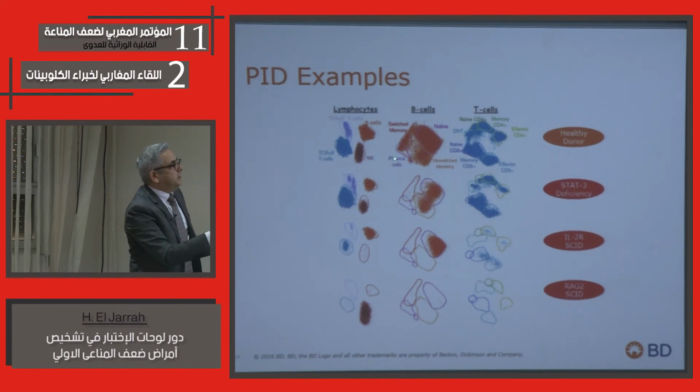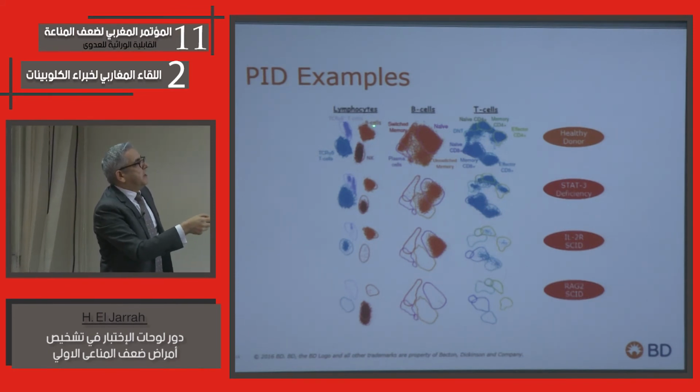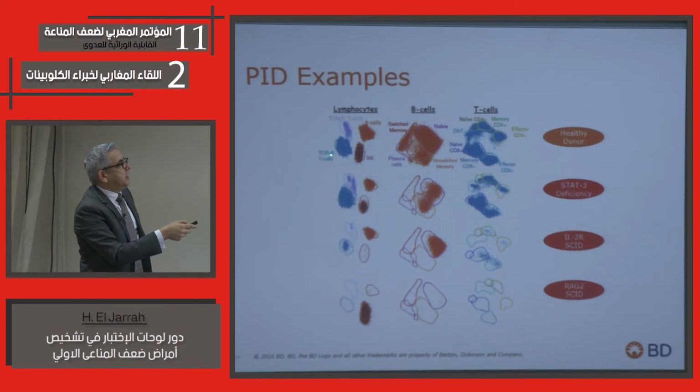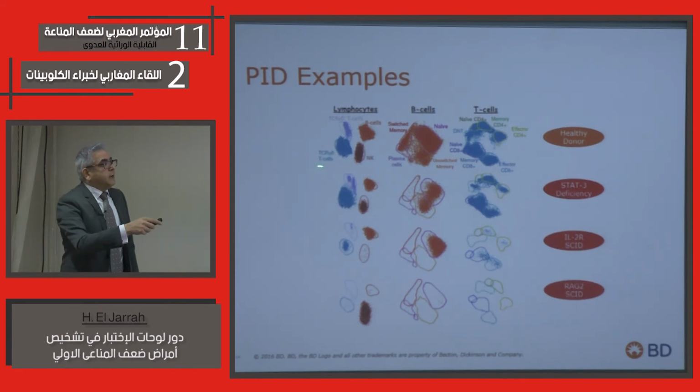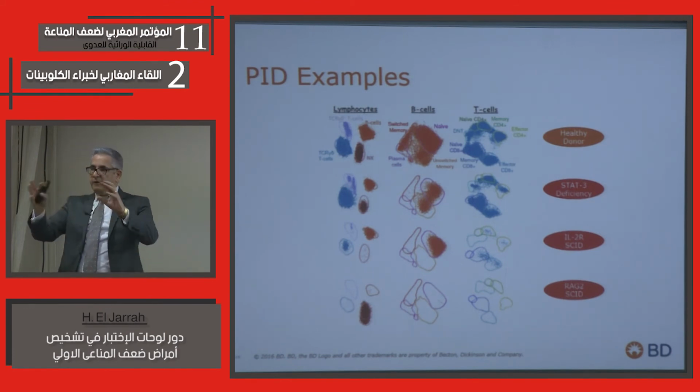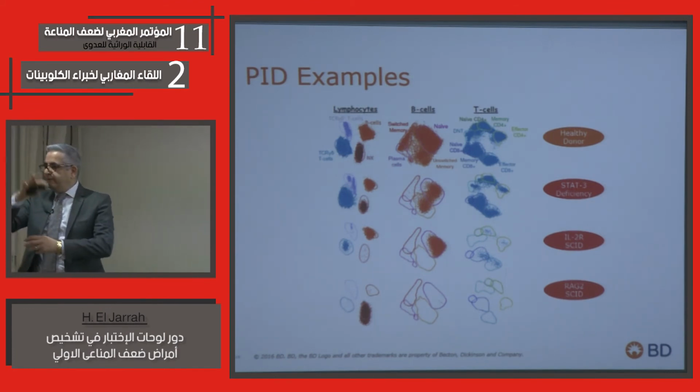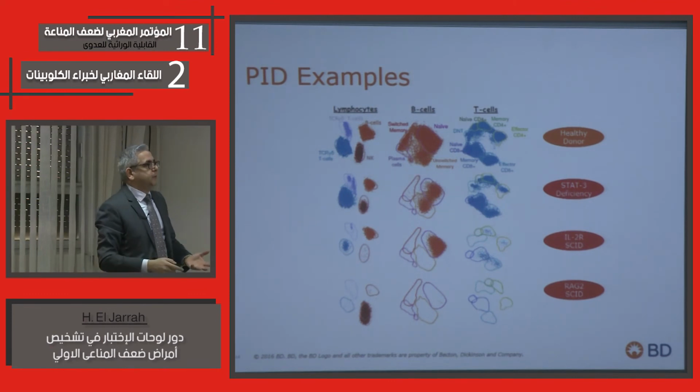Naive B, switched B, plasma, unswitched. We have the B cells, the NK, TCR gamma delta negative, TCR gamma delta positive. So we have complete saturation and fulfillment of the pattern of an individual who is normal.